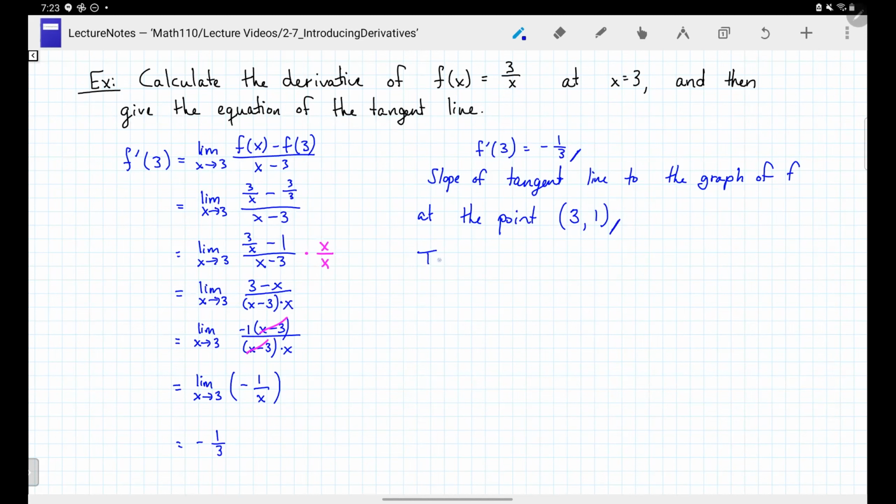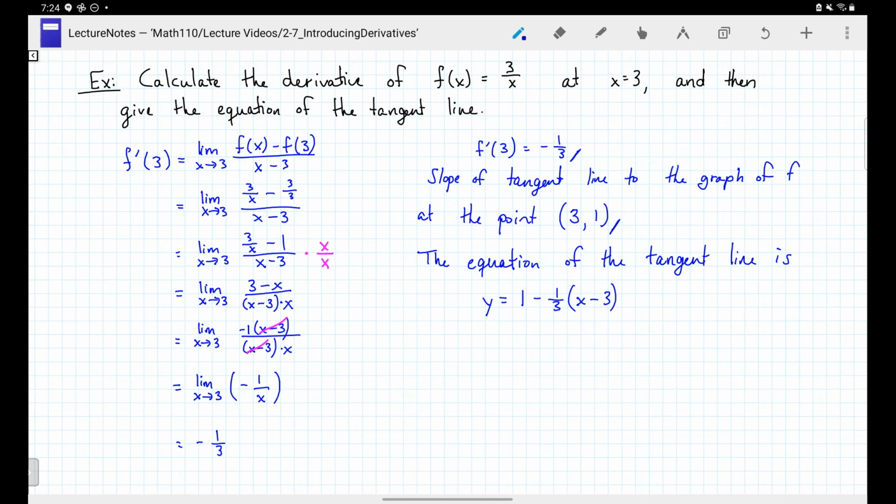So that tells us we can now write the equation of the tangent line: y equals, well, we could start at our starting output value 1, and then our next output value is going to vary by -1/3 times the distance from our starting x value, so x minus 3. So that could be our equation of our tangent line.